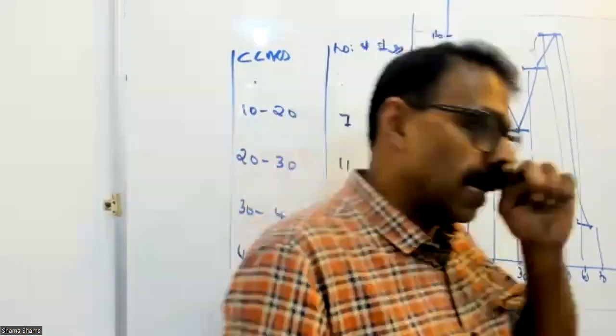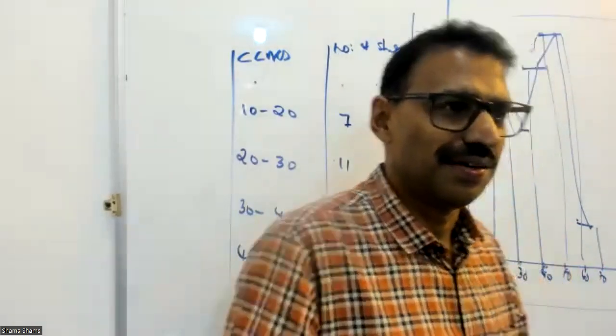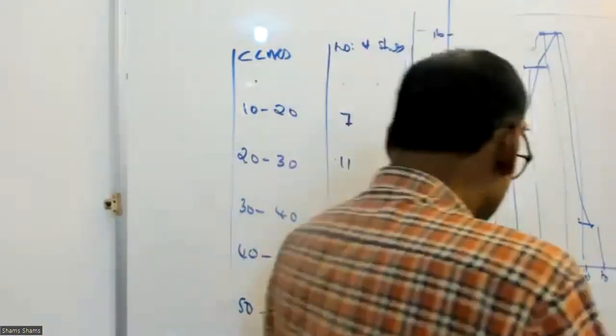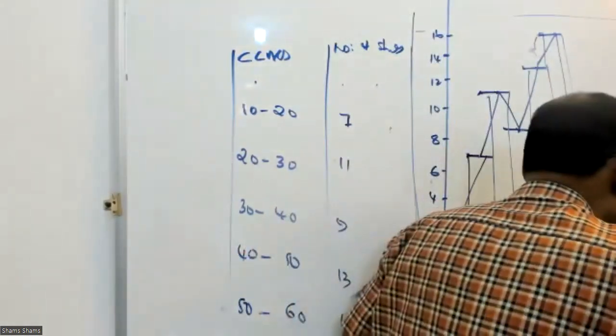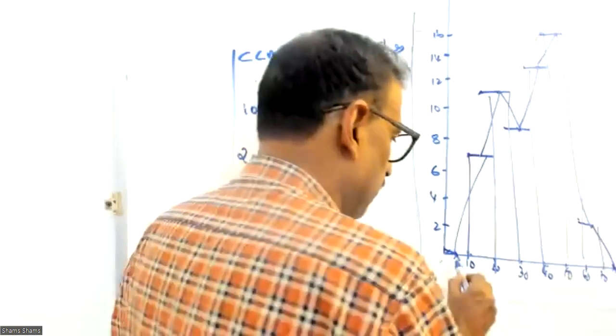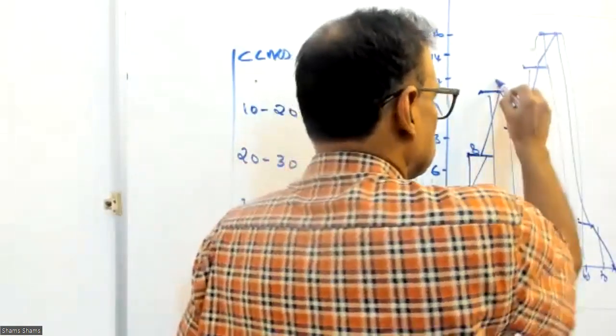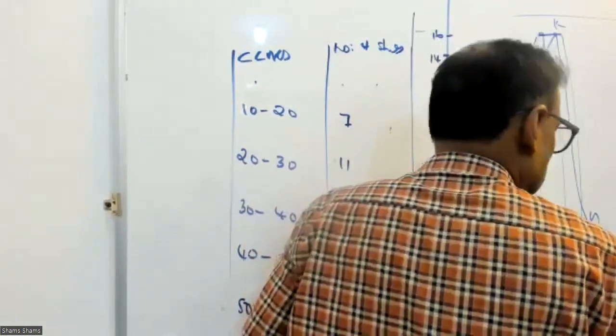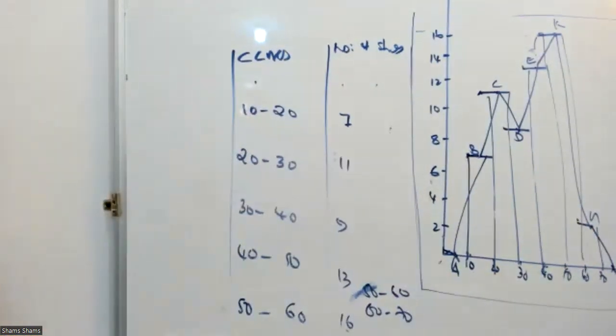And a class after the last class. What is that? 70 to 80. That's why I told you to keep a space here. You mark it here. Now this is the figure. You can mark it A, B, C, D, E, F, G, H. This is the frequency polygon.